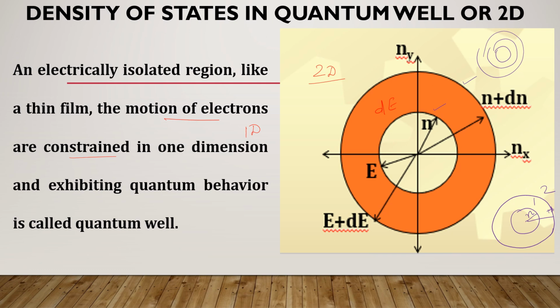The energy of the first circle is E and that of the second circle is E plus dE. So density of states can be defined as the number of available energy states per unit area in the energy interval dE, within the small radii difference dn.